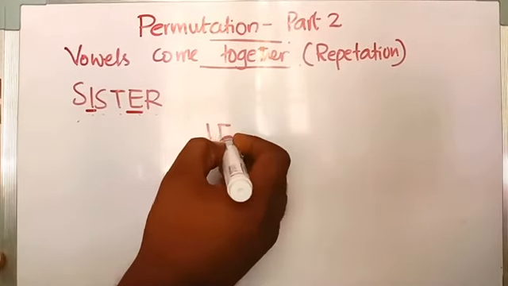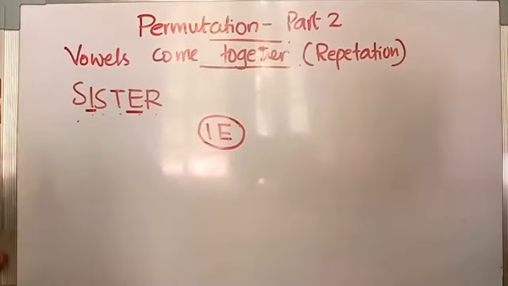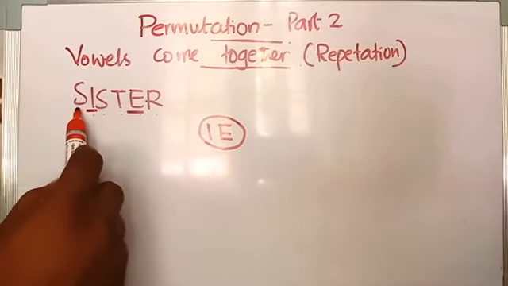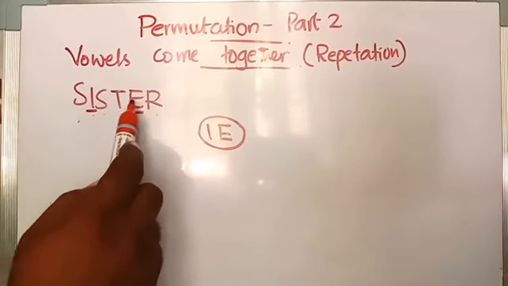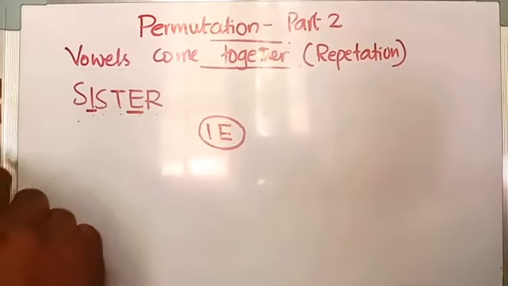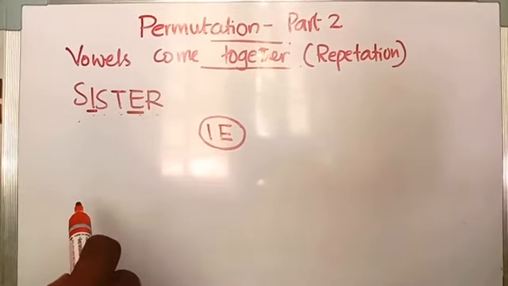So let's make them together, I and E. Now we have the remaining letters, which are the consonants: S, S, T, R.